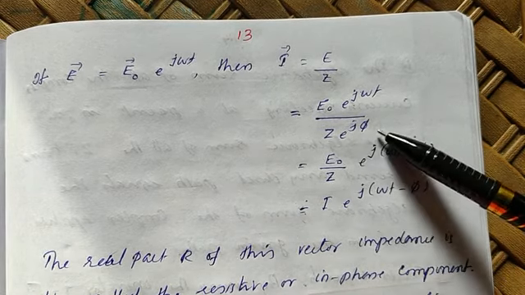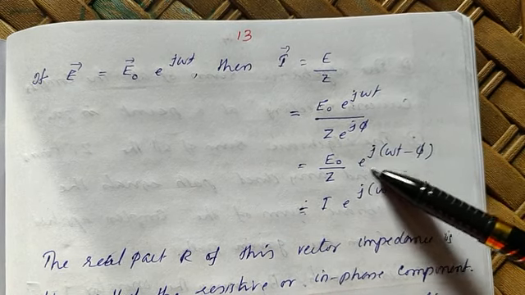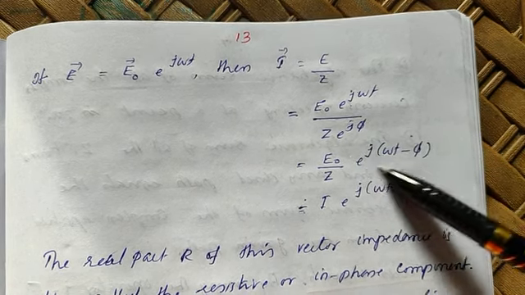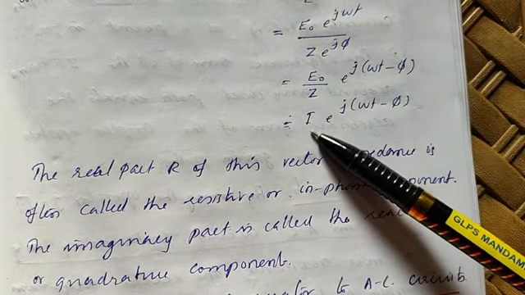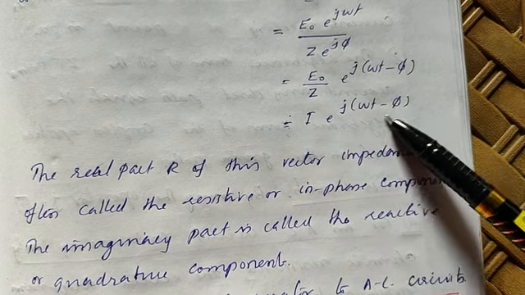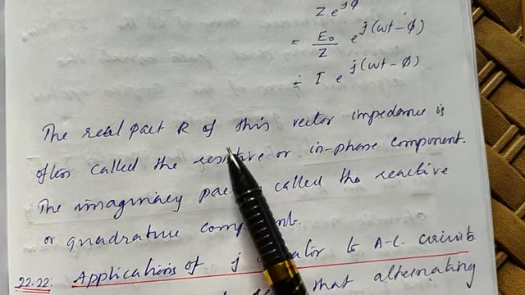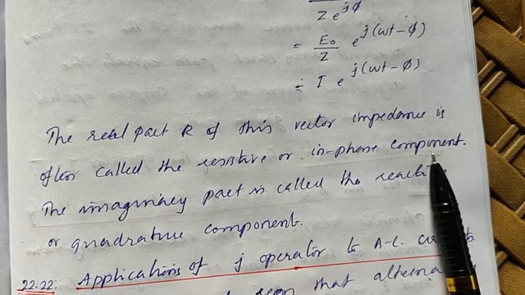Now e raised to j is common in both, so we can combine these two terms together and write it like this. But E0 by Z is nothing but I, so this is I into e to the power j omega t minus phi.